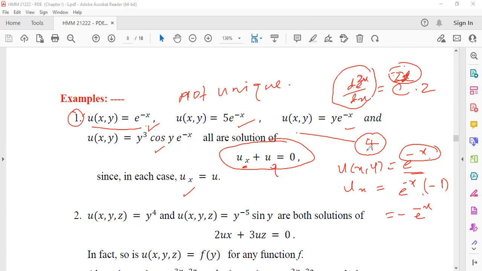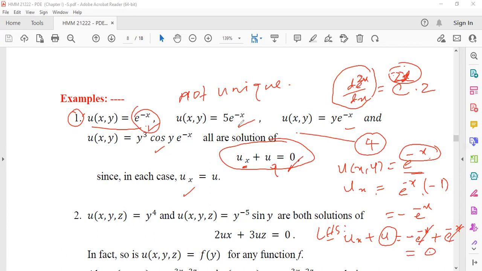Can you substitute and find whether it is okay? If I substitute this function into u_x plus u on the LHS, my u_x is minus e to the power minus x, plus u, which is e to the power minus x. The minus and plus cancel out and the answer is 0, so it satisfies my RHS.